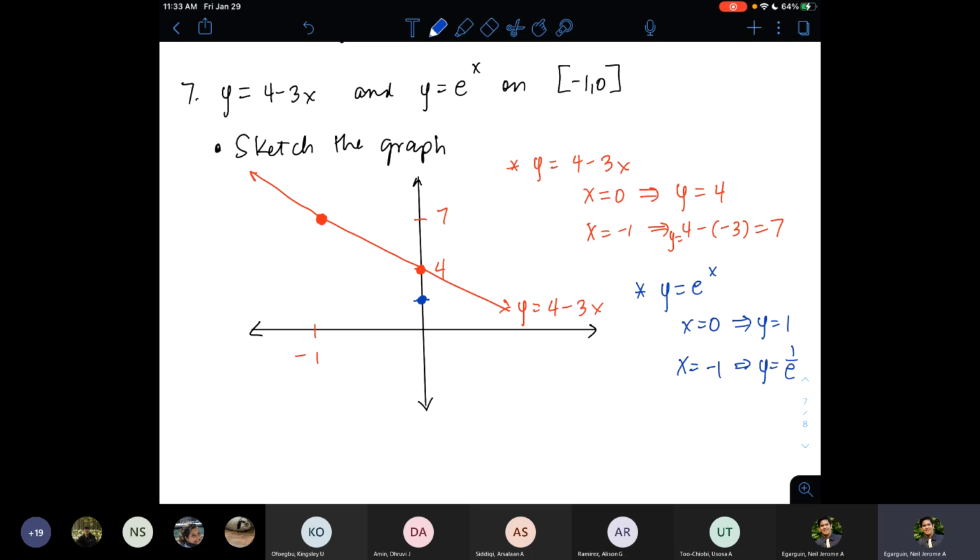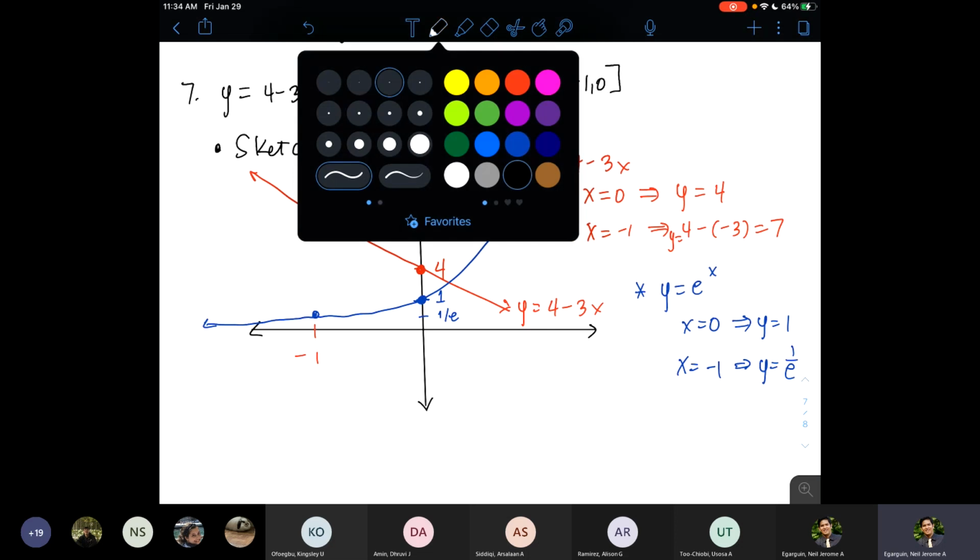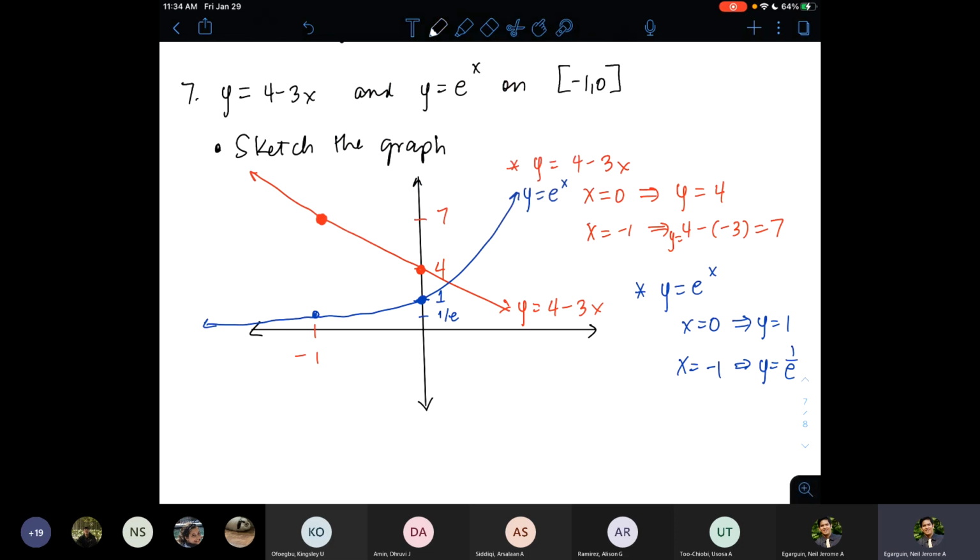Remember, e is 2.71 something, so definitely 1 over e is less than 1. So let's say 1 is here, and then 1 over e is here. And then I'll connect it into a graph that looks like e to the x. We were told to only find the region from -1 until 0, so my shaded region looks like this.